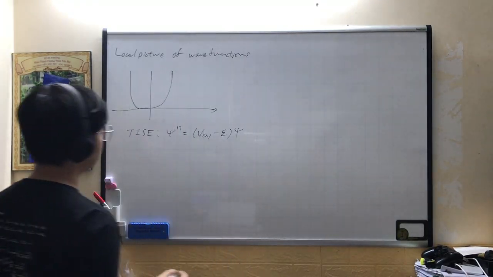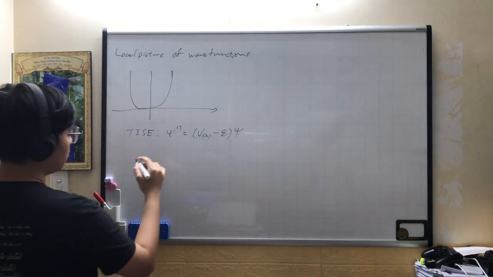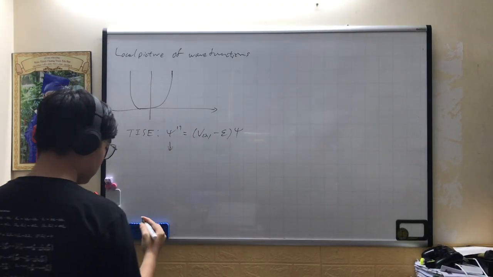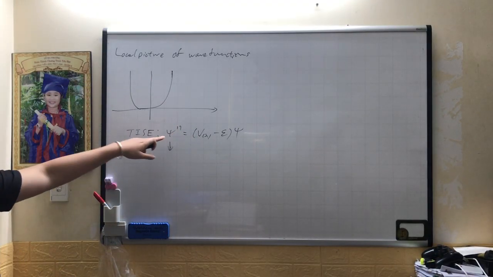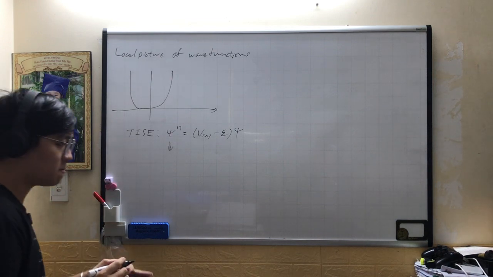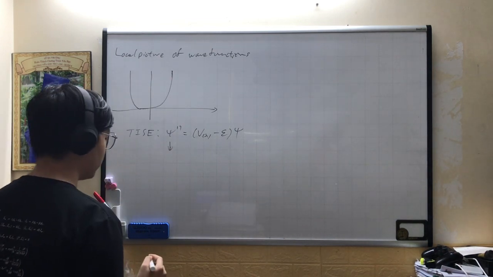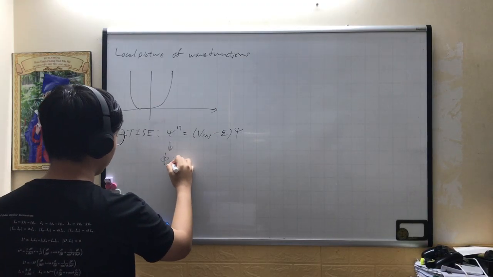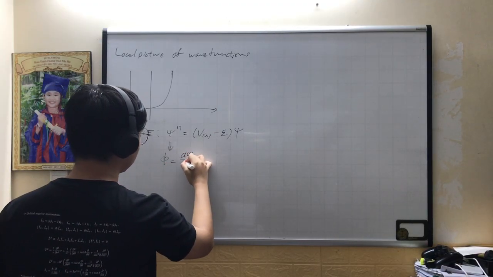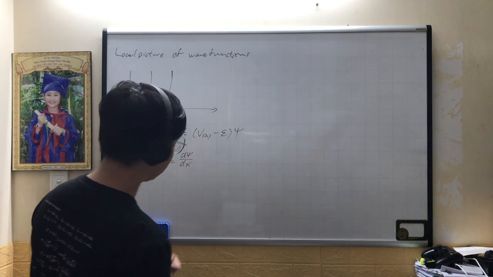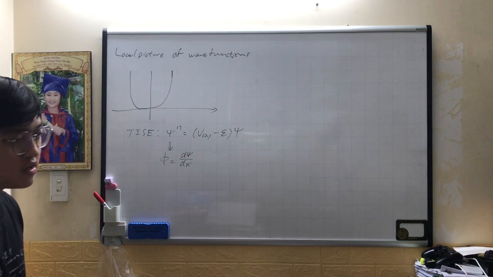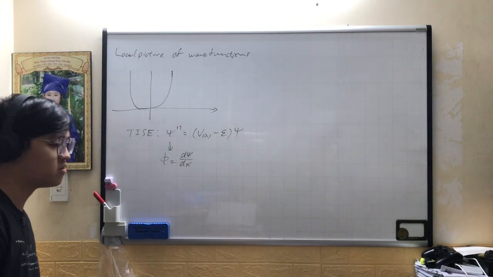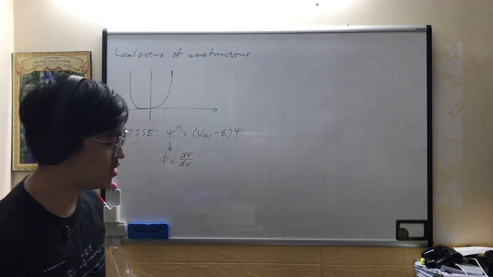So you kind of want to put this into a first order differential equation. So I would like to pick phi to equal to the derivative of psi. So you turn this into a first order differential equation already.